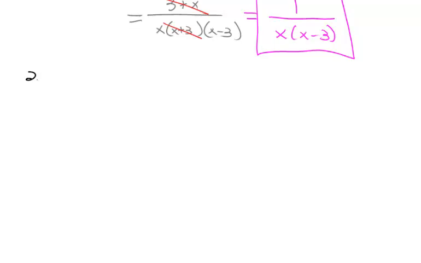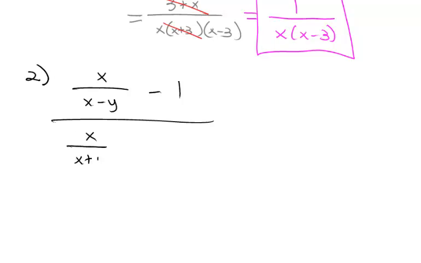So let's try another one. Let's do x over x minus y minus 1 all over x plus y minus 1. Here we've got a denominator of x minus y and a denominator of x plus y. We treat those like factors.